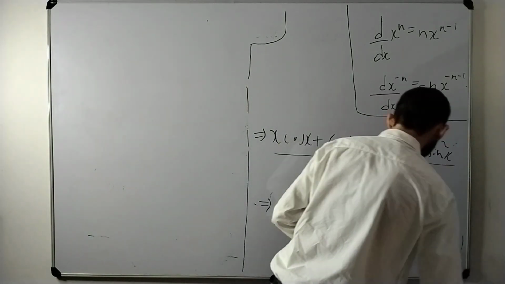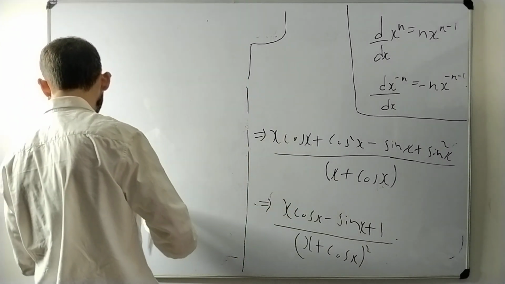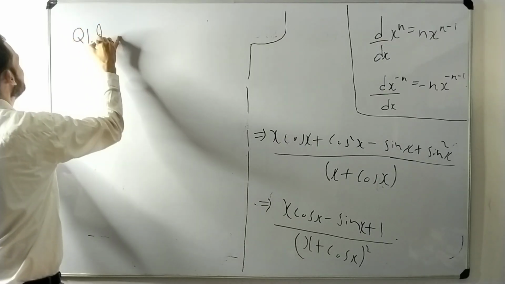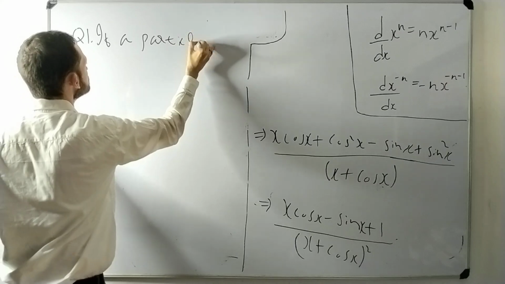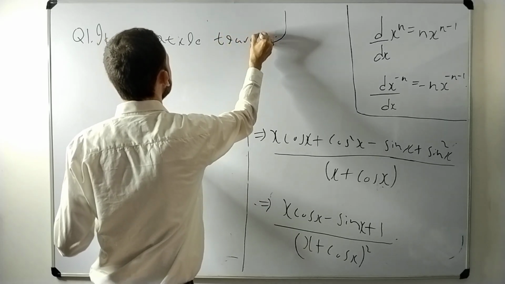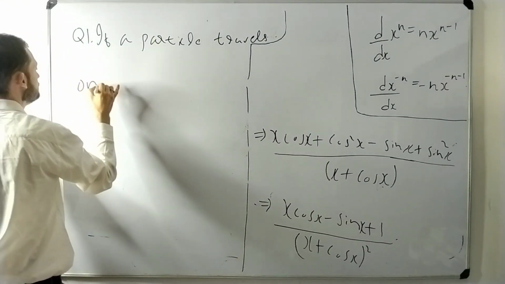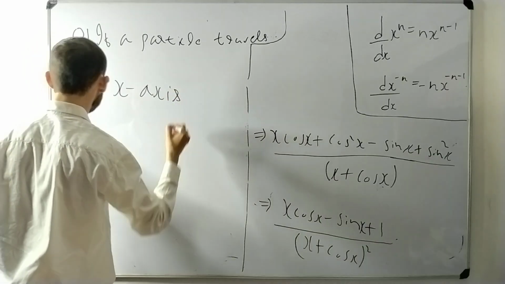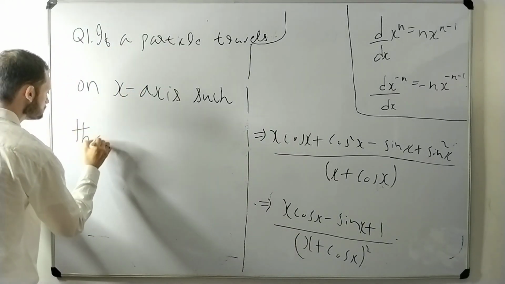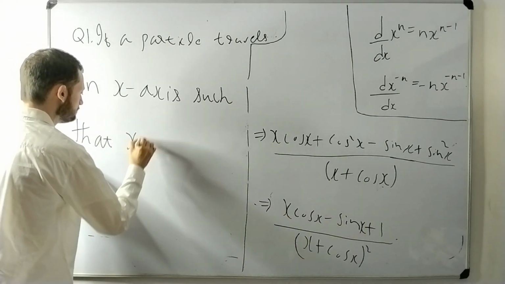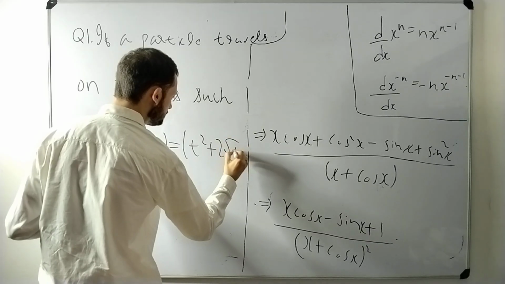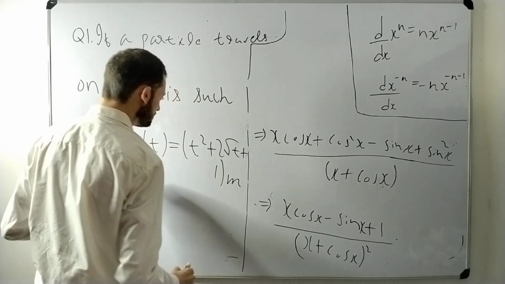Next part of it. Now the word problem has come, students. If a particle travels on the x-axis such that x(t) happens to be t squared plus 2 under root t plus 1 meter, right, students?